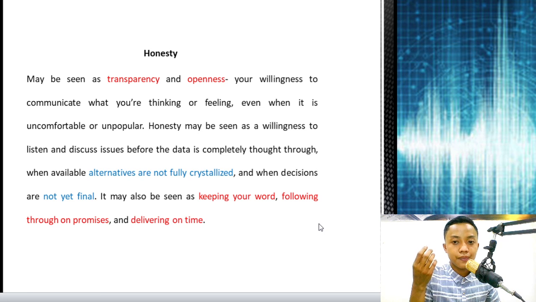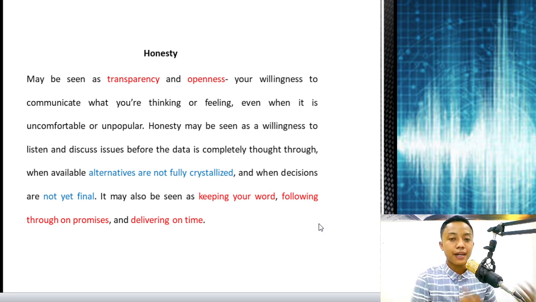We should always keep our mouth shut kung hindi pa fully crystallized ang pinag-uusapan na bagay. Kaya kung may mga bagay man na kinakailangan nating i-crystallize, kinakailangan po muna nating let us listen and discuss issues before data is completely thought through.